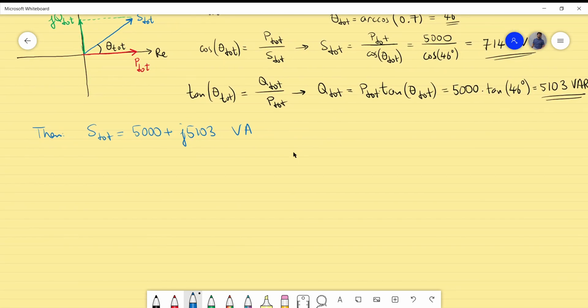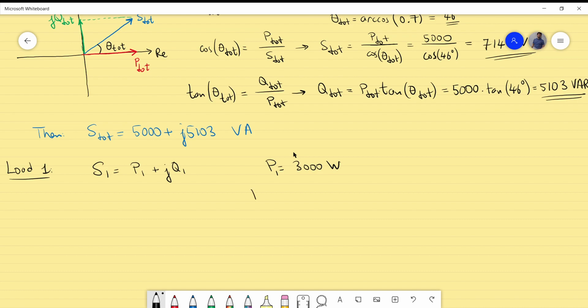What will give load 1? So this is load 1. What do we know from load 1? We know that S1 can be divided into P1 plus jQ1. We know P1 is 3 kilowatts or 3000 watts.